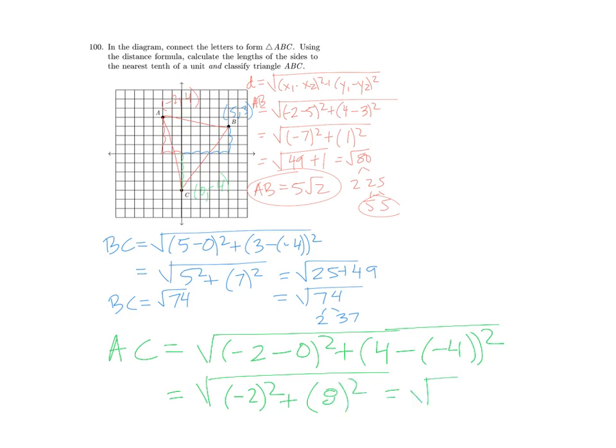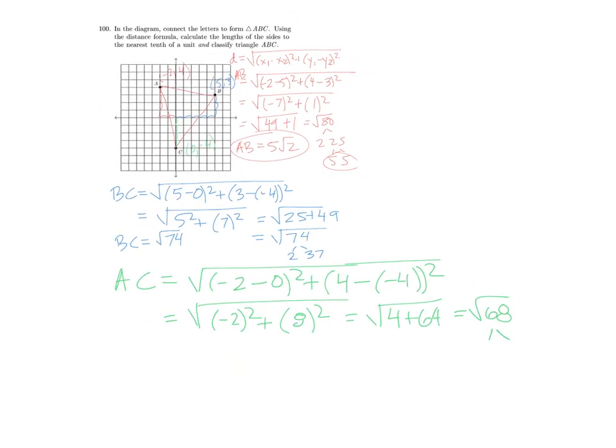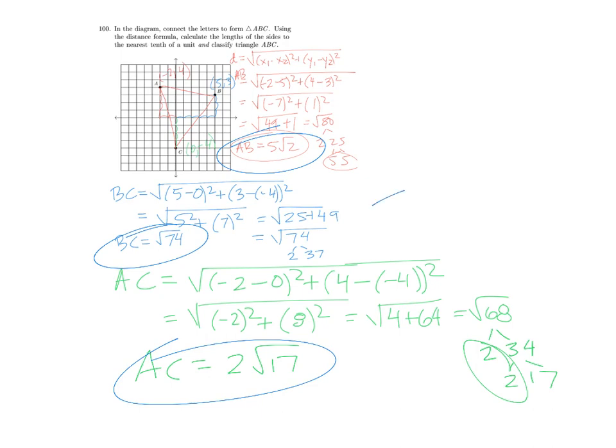So I end up with 4 plus 64, which is the square root of 68. So I end up with 2 times 34, then I have 2 times 17. I have a pair, so AC is equal to 2 square root of 17. All right, so all of these side lengths are different. That means I have a scalene triangle. Done.